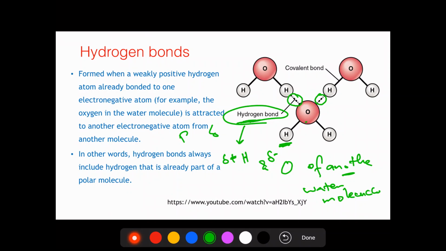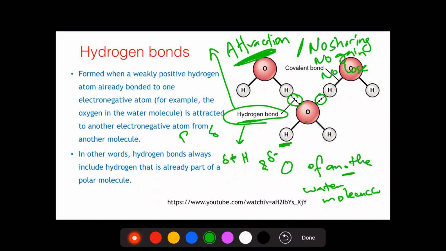Now these are not like covalent bonds. There is no sharing of electrons, no exchange of electrons. It's just attraction. No sharing, no loss, no gain.